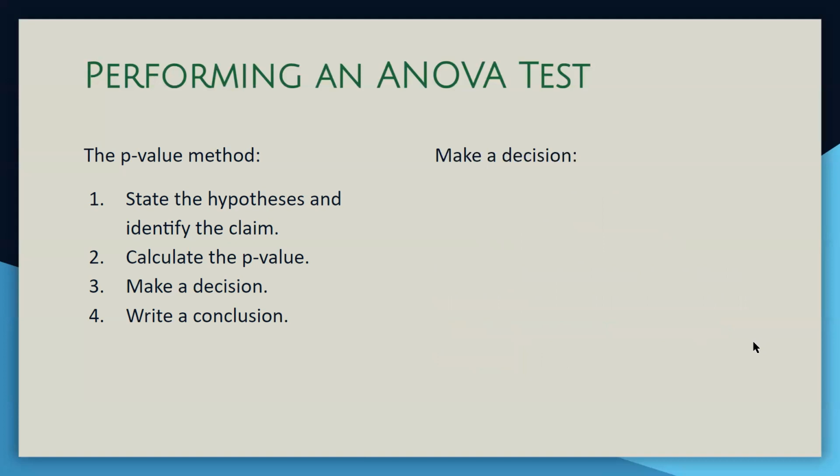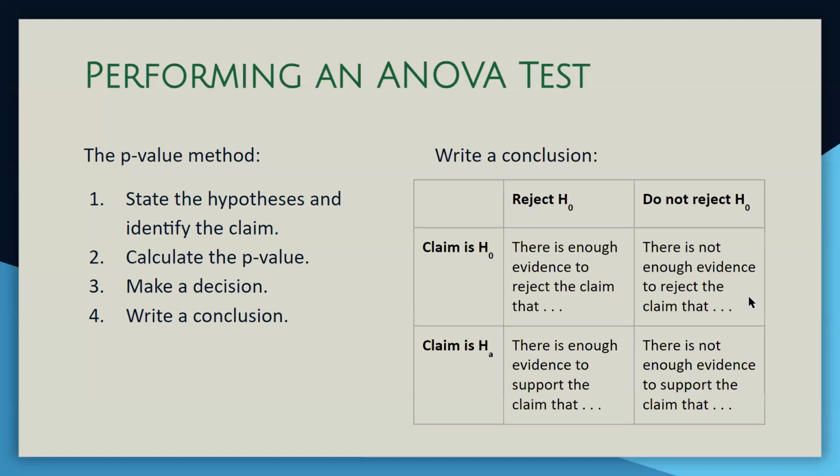A review for decision making: if the p-value is less than or equal to your alpha, we reject the null. If the p-value is greater than the alpha, we do not reject the null. I'd like to review writing a conclusion because I noticed when I graded some tests that seemed to be a struggle point for us. So remember that there is a table with sentence frames for you.